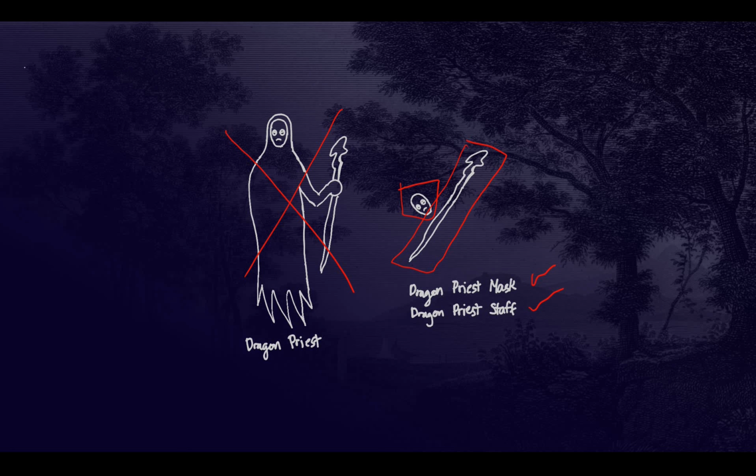For example, the player character can pick up these weapons and these armor pieces, and it can store them in some storage chest, meaning they will now exist in that storage chest. And what this means is that the relationship between the Dragon Priest right here with Dragon Priest Mask and Dragon Priest Staff is merely aggregation, because the Dragon Priest merely uses these equipments, these classes.